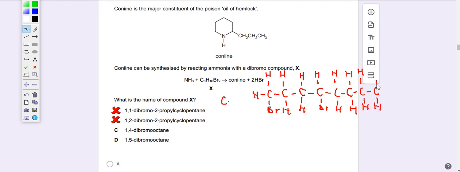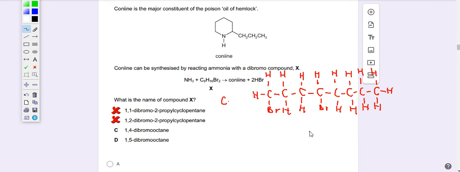Now first let us react this with ammonia. If we react this with ammonia, one of the bromine atoms will be replaced by NH2.